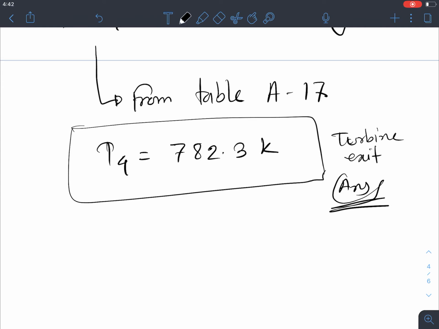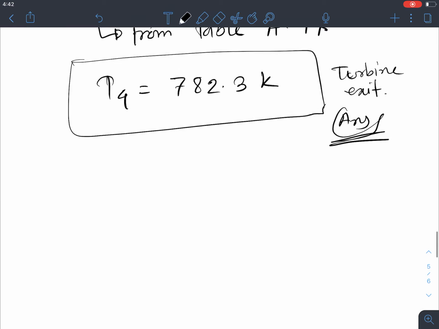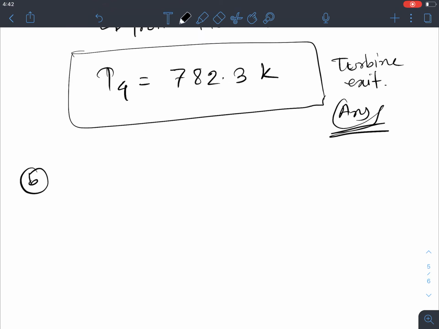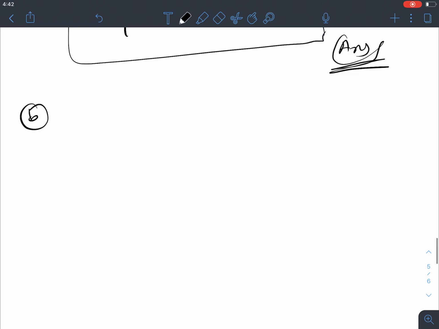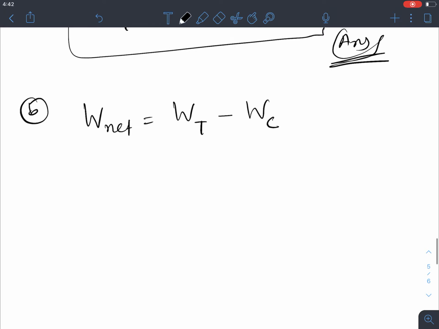So this is the answer, right? Basically this is the turbine exit temperature. Then part B is asking us to determine the net work output of this system, and we know all of this information now.